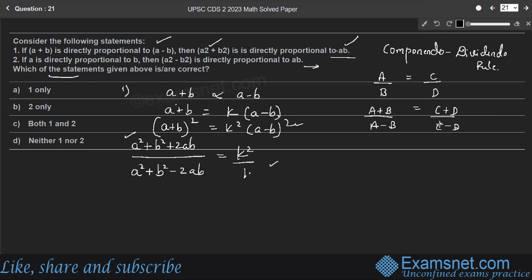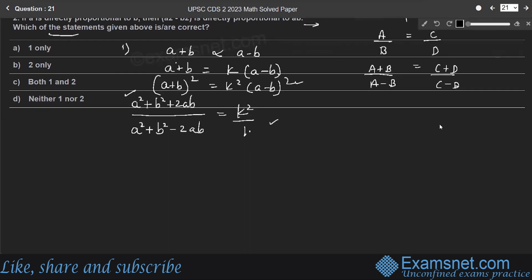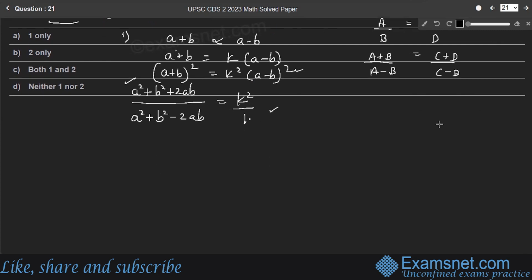Here A is the left hand side part, the numerator part, plus B. So a square plus b square plus 2ab plus the denominator a square plus b square minus 2ab, divided by a minus b.